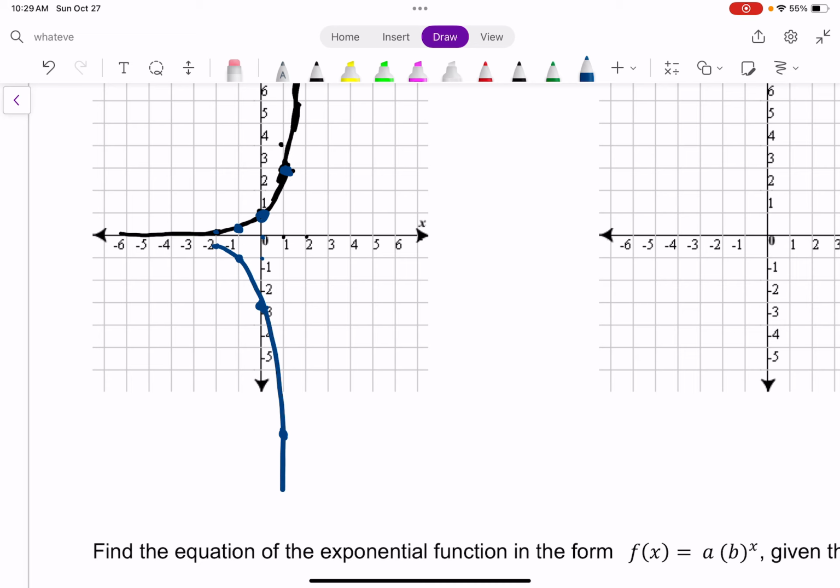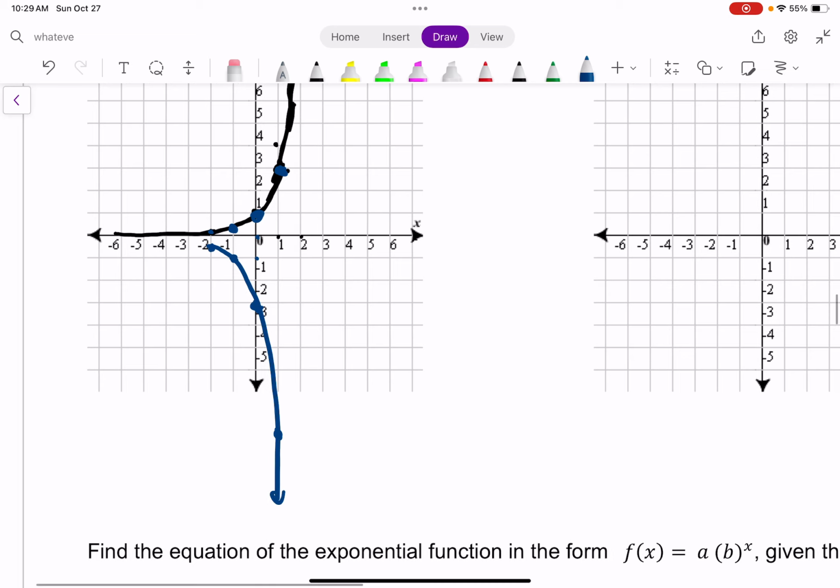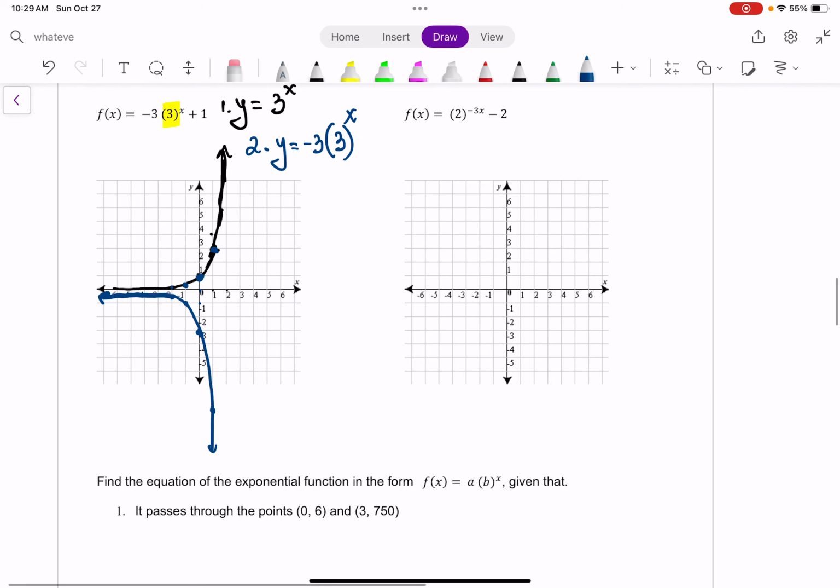So what did this do to the graph? It stretched it vertically by a factor of 3, so it's way more stretchy vertically, but it also flipped it about the x-axis. So all your positive y's are now negative y's.